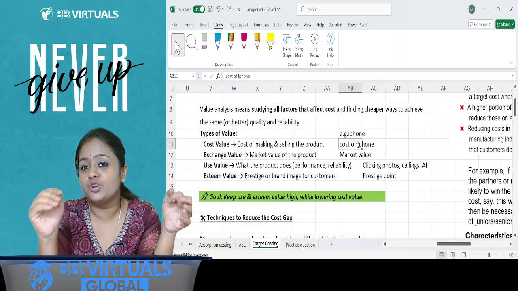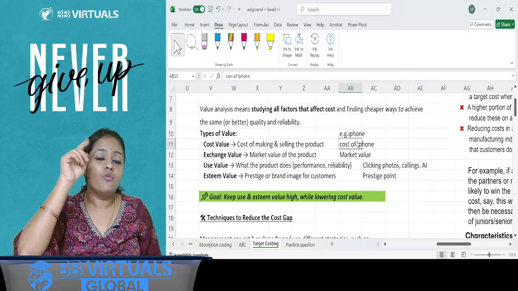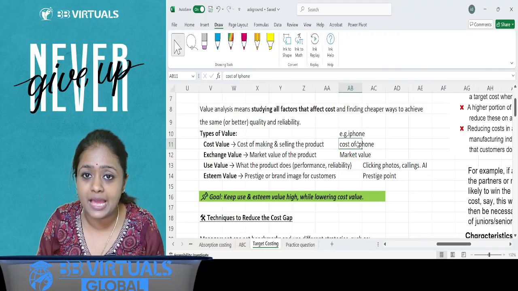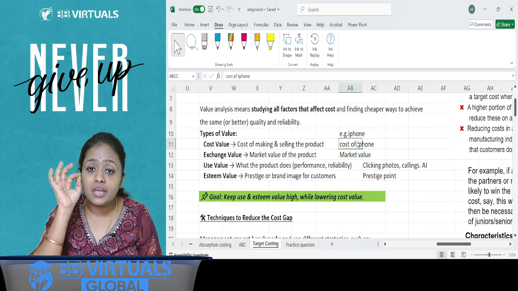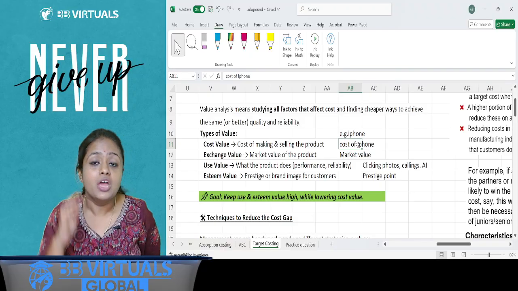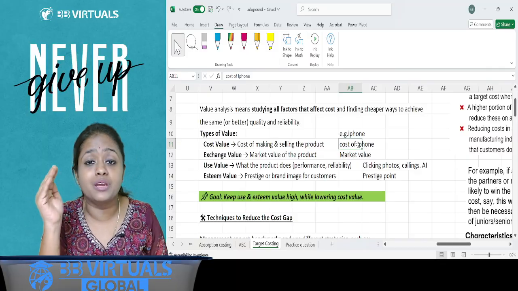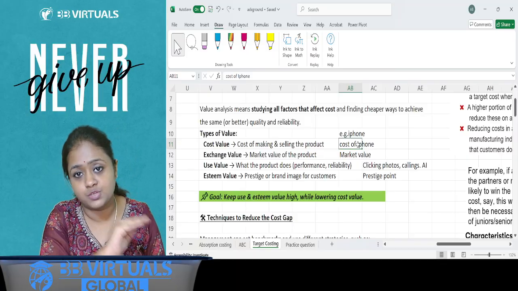So what is going to be affected is cost, use and esteem. Ensure that whenever you take a decision in your exams, you will never look into reducing the use or esteem value. You will always focus on giving your advice with regard to reduction in the cost value.